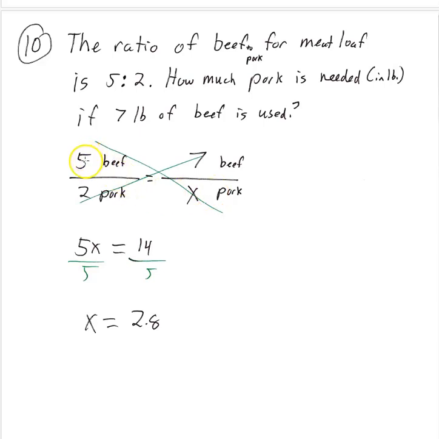Let's think if I did it differently. If I had 5 pounds of beef, or if I said, oh, let's do 7 pounds of beef, but I'm still going to use 2 pounds of pork. The ratio's off, and it would taste different. So I do my cross multiplying. I got my 5x equals 14, and then this came out nicely to 2.8. Now, I don't know if it said round to a significant digit or not.